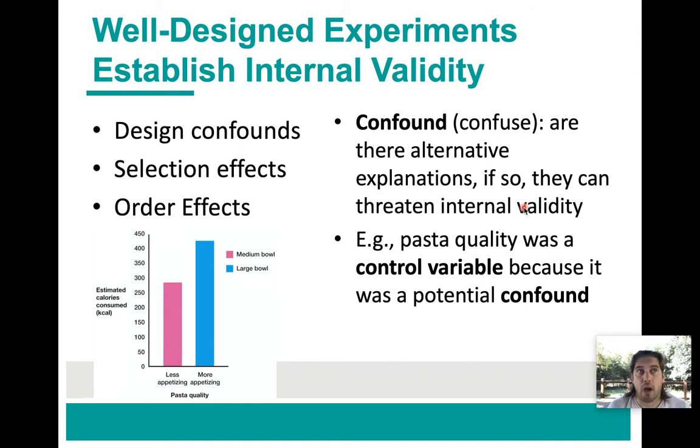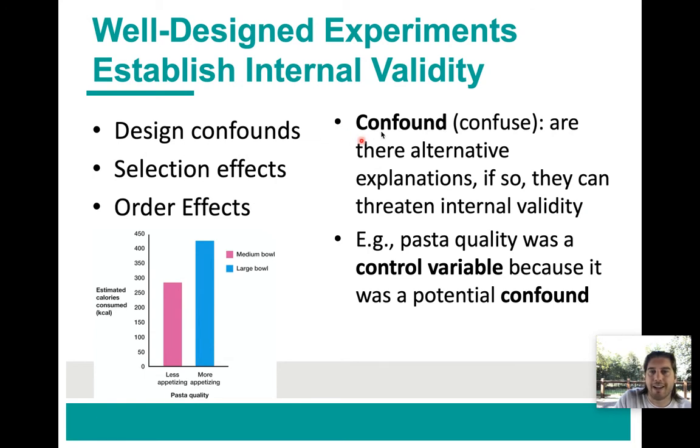So in the pasta example, if we had pesto, marinara, Alfredo, if we were just mixing up the pastas, then type of pasta is a confound. It is a potential alternative explanation for our results that we don't want. It's not what we're studying. It is going to confuse our experiment and threaten its validity.